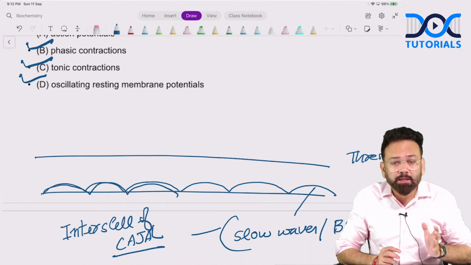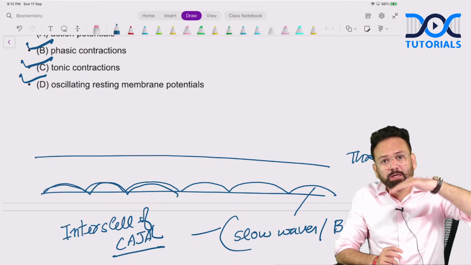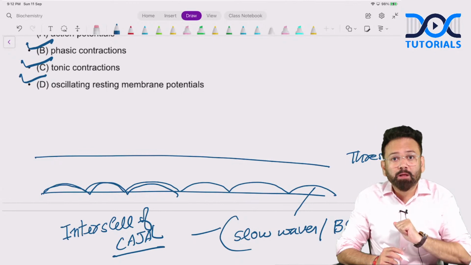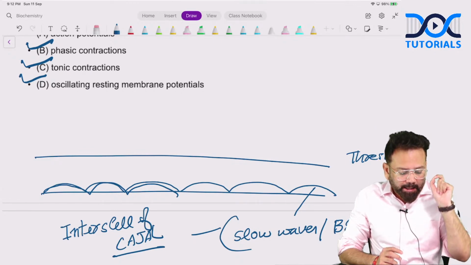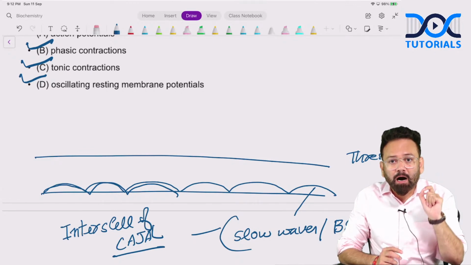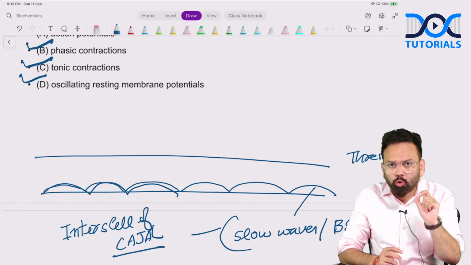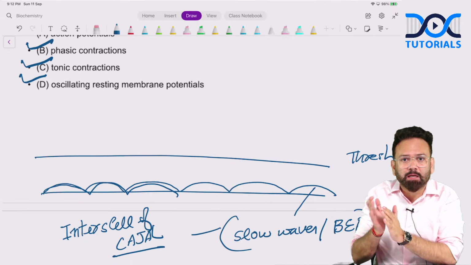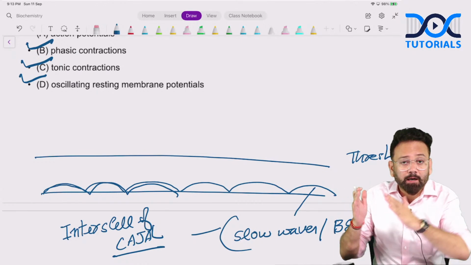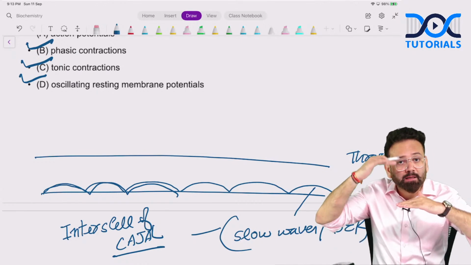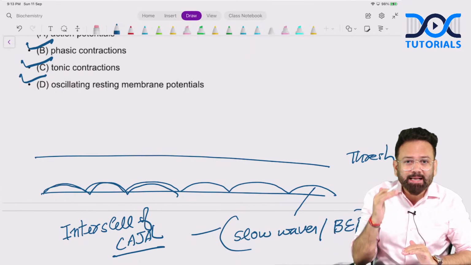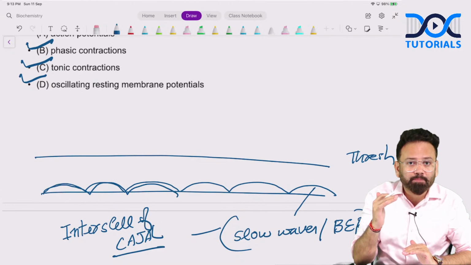Slow waves are simply oscillating, fluctuating resting membrane potential. This is different from skeletal muscle and cardiac muscle. Here the RMP is fluctuating, and the fluctuating RMP is called slow waves or basic electric rhythm.